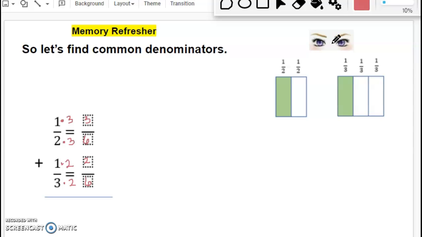So now I can see that I have common denominators, right? I have 3/6 plus 2/6. So I know that each piece is going to be a 6th, and I'm going to add my numerators. So I have 5/6. Okay, if I want to see the way that looks, it means I can cut each of these wholes into 6ths.